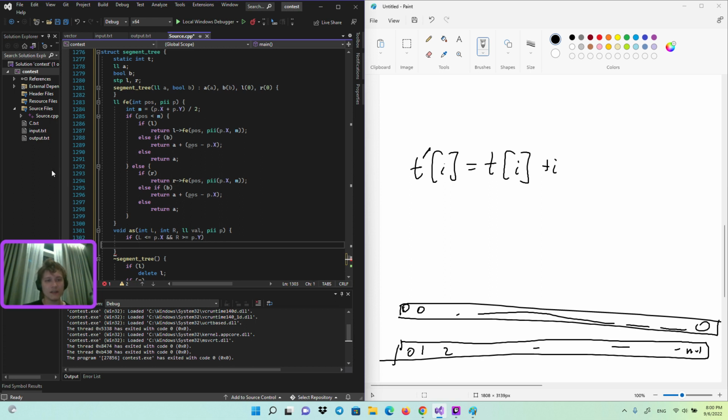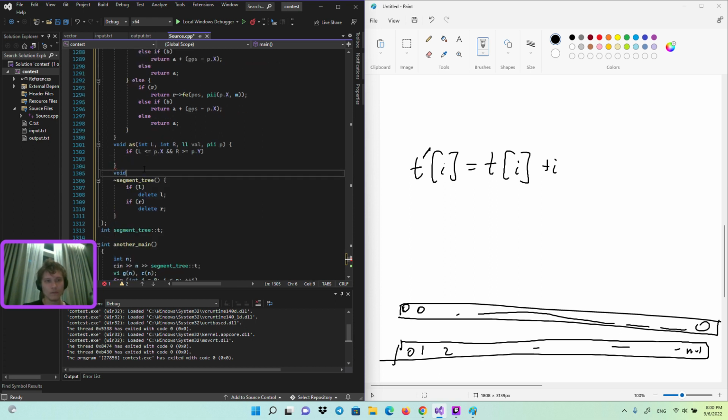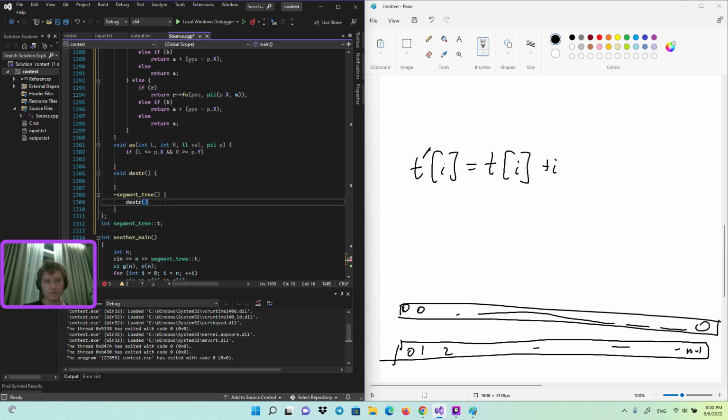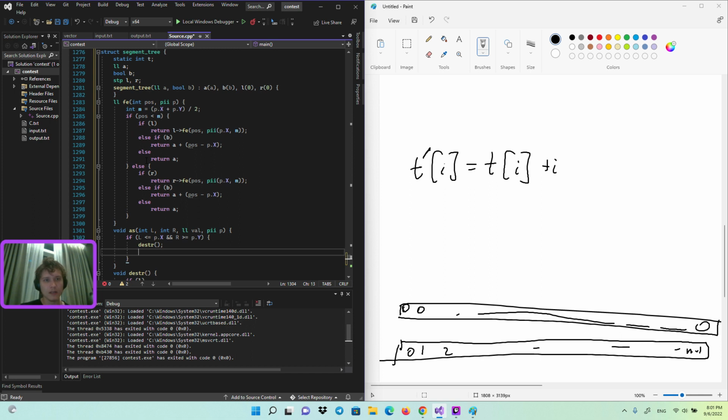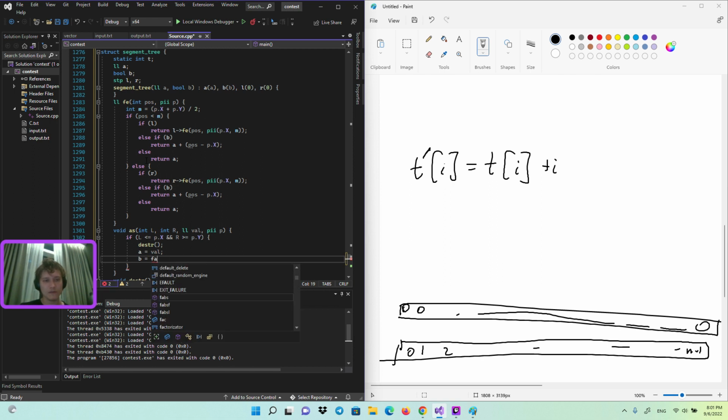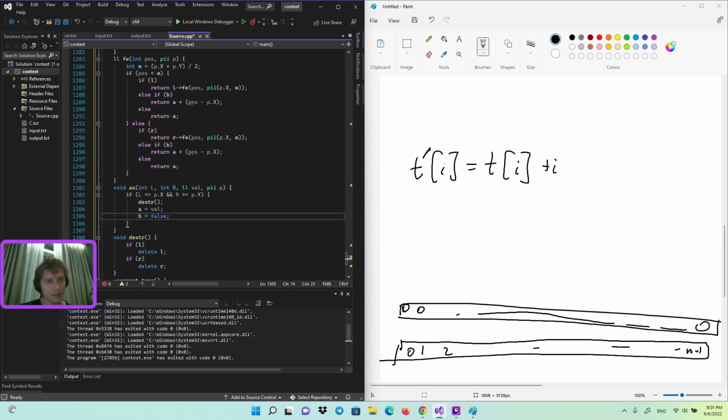We say that we have to destruct ourselves, and we say that A equals val and B equals false. Okay, else we just do it with both our children.